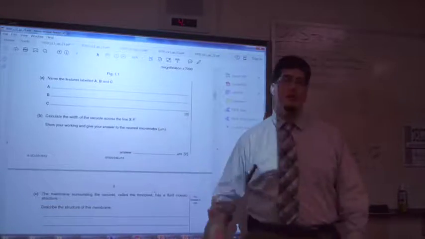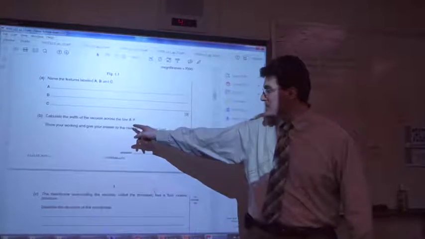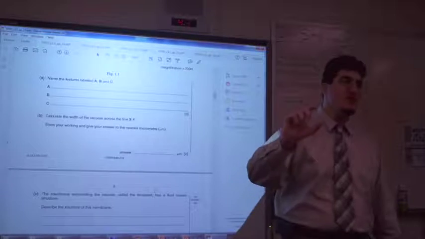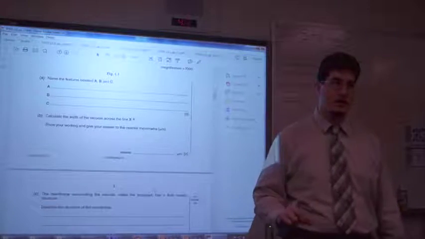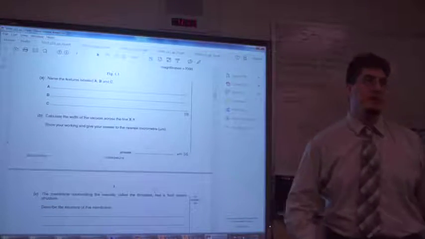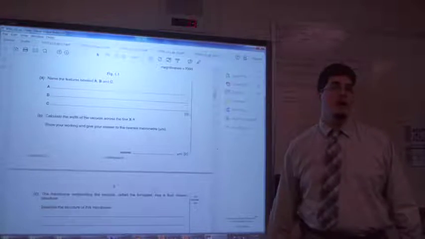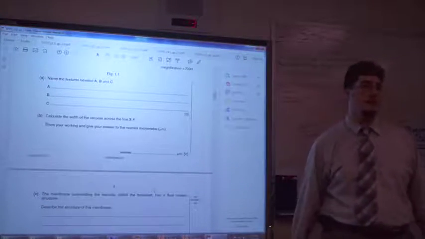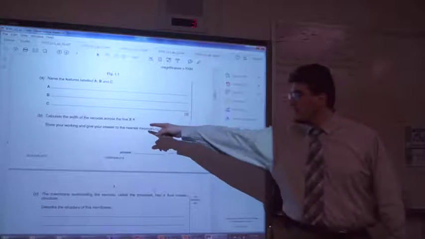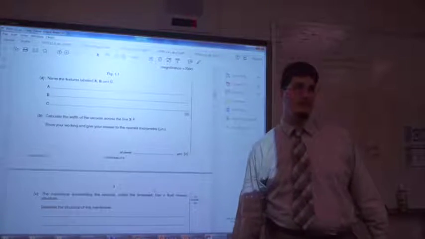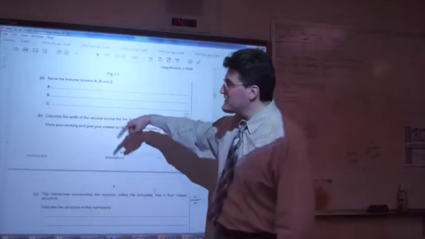Nearest micrometer, nearest whole number. If I put in a decimal, I lose full credit. That is a free point for reading the instructions. That is how you answer this kind of question.